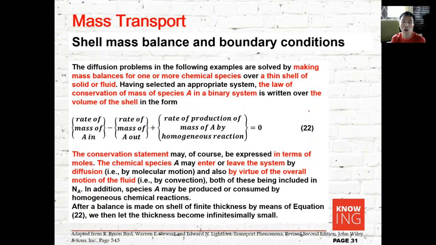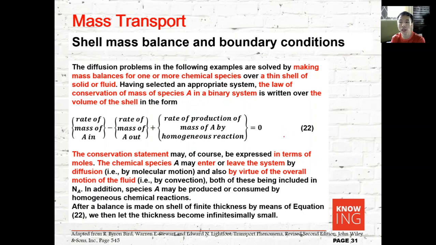So after discussing all those equations on mass transport, we always go back again to the conservation law. So again, for transfer phenomena, even in mass transport, we will always deal with the microscopic system. The variations in that system are represented by taking a thin shell of a solid or fluid or whatever that part of the system is, and then we make a conservation law across that thin shell of solid or fluid.